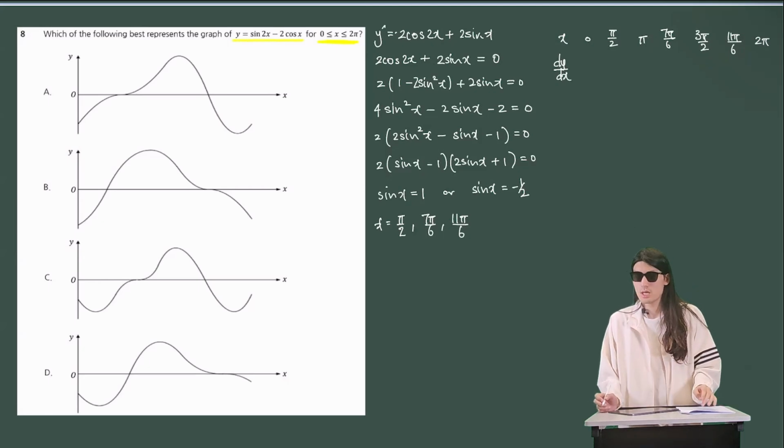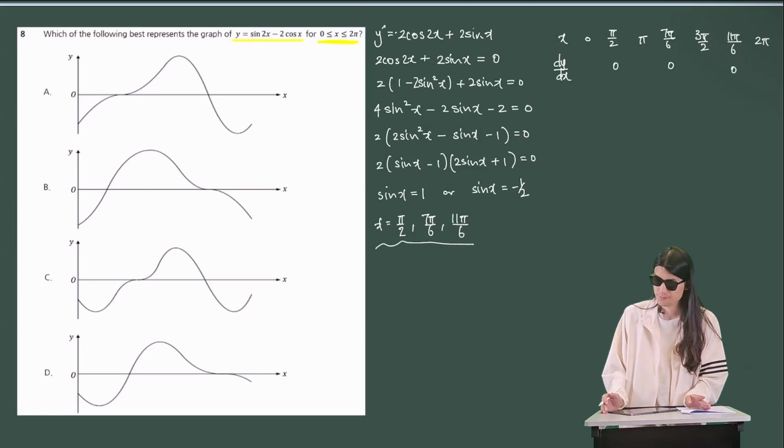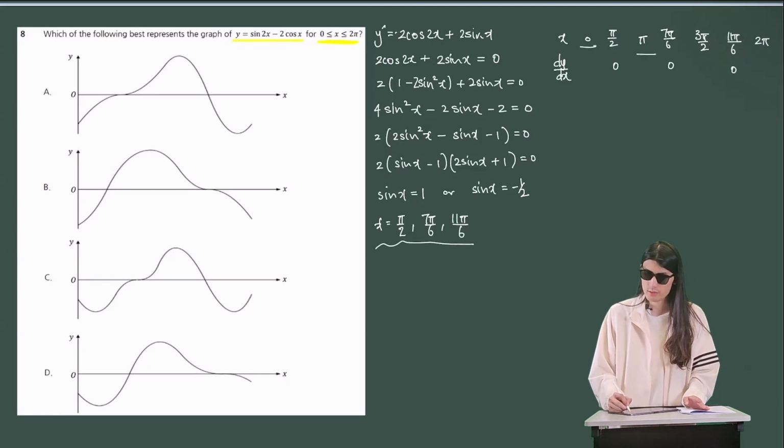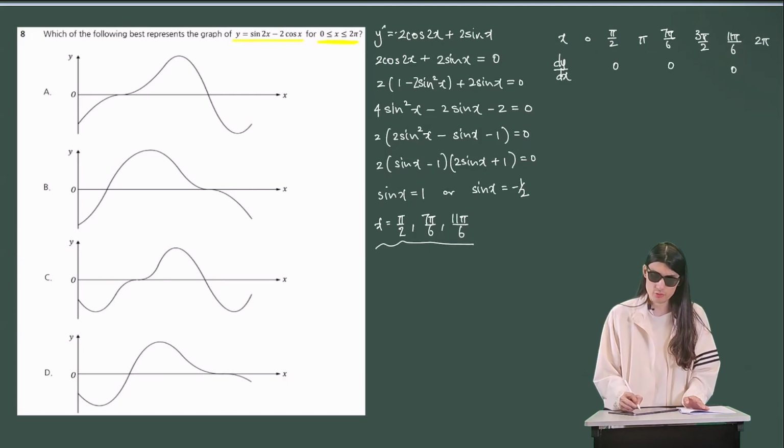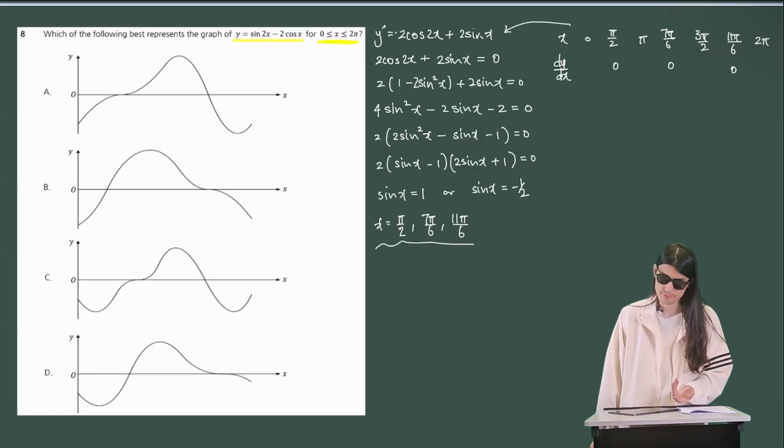And of course, guys, at the 3 solution values that we found, the derivative should, of course, all equal 0. You substitute the other x values, the 0, the pi, the 3 pi on 2, and the 2 pi, respectively, into the derivative to figure out whether it is positive or negative.